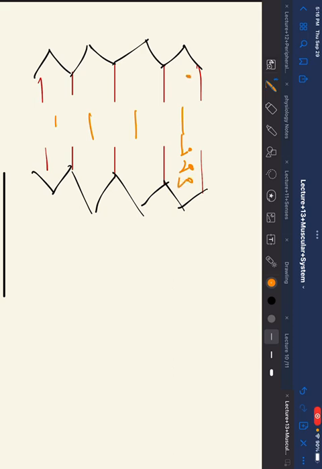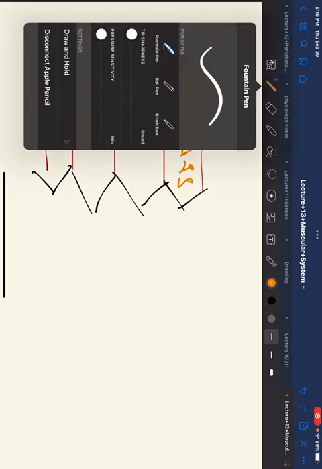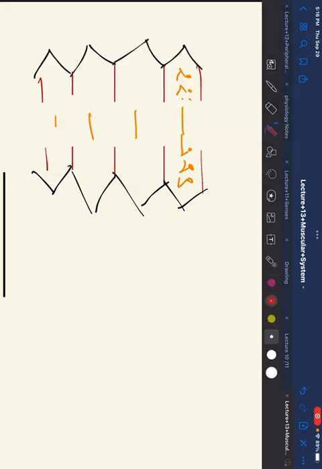So what we're going to do is look at one myosin head and its interaction with the thin filament above it.